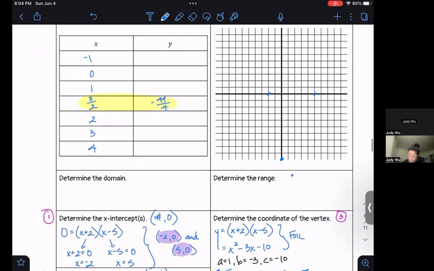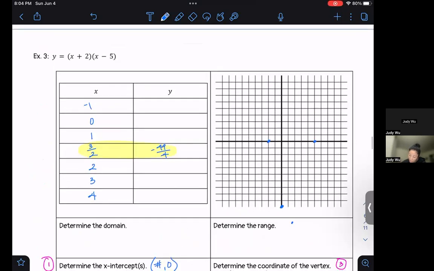All right, let's plug in some numbers. Let's see what we get. If I plug 2 into here, I get 4 times negative 3, which is negative 12. And that should be the same as on the other side, negative 12.